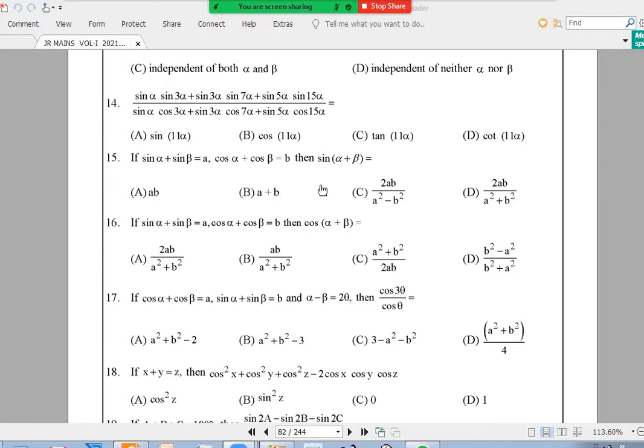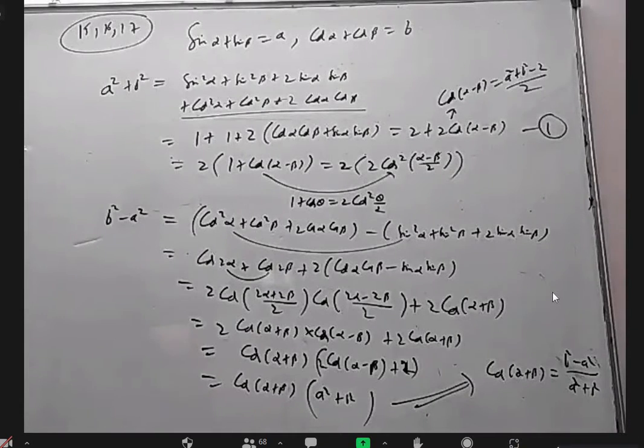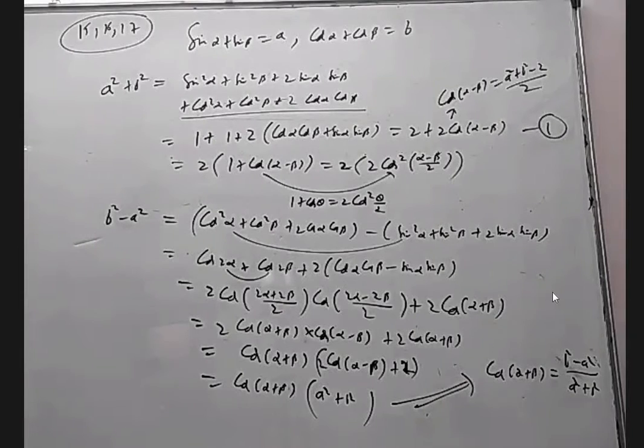But 15, they asked sine alpha plus beta. So from cos alpha plus beta, you want to write root over 1 minus cos square alpha plus beta as sine alpha plus beta. You can do that. But plus or minus will come, only plus why? We have to give an explanation, I guess.